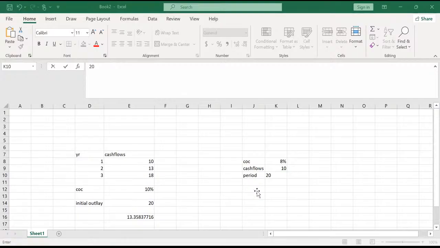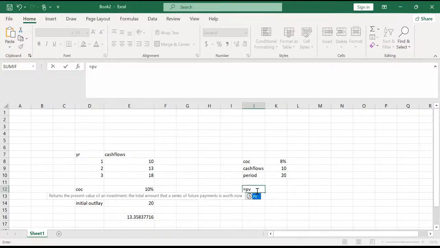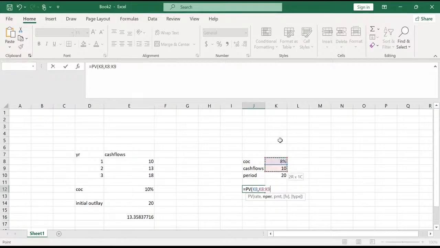Okay, so let's get to business. Equals PV. It's guiding you: rate is 8%, comma. Number of periods is 20, comma. And then the payment.